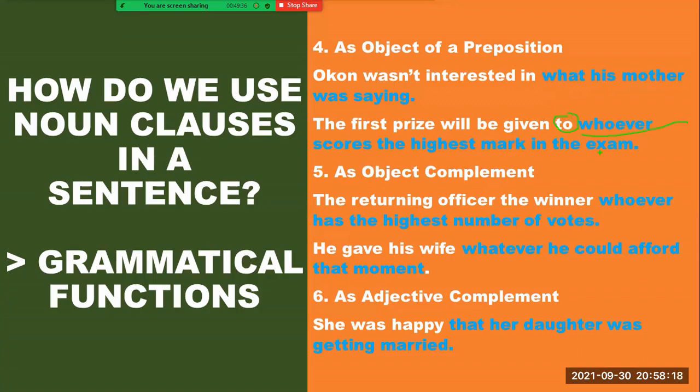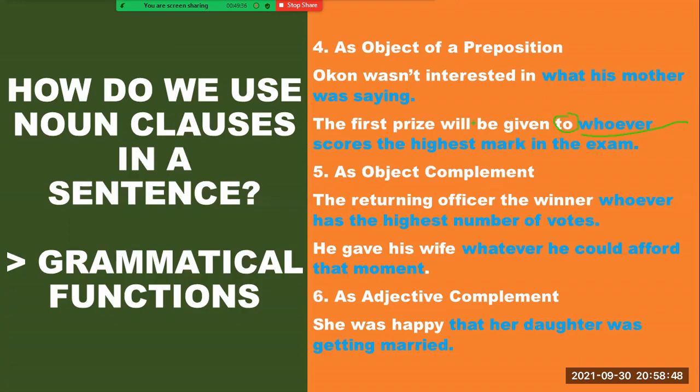And so we say that this noun clause is used as the object of the preposition to. And again, it provides the answer to the question what. The first prize, what or whom. All right, so I told you it answers the question what or who or whom. Now, that's the kind of information the noun clause provides.